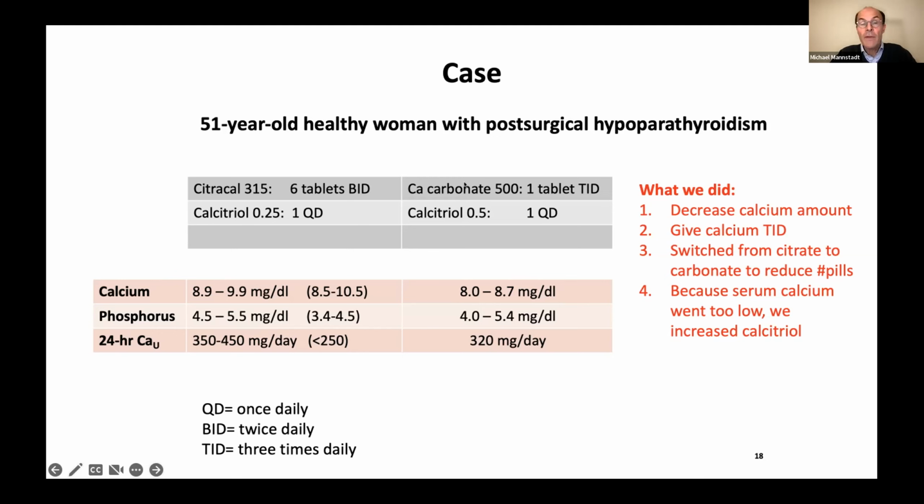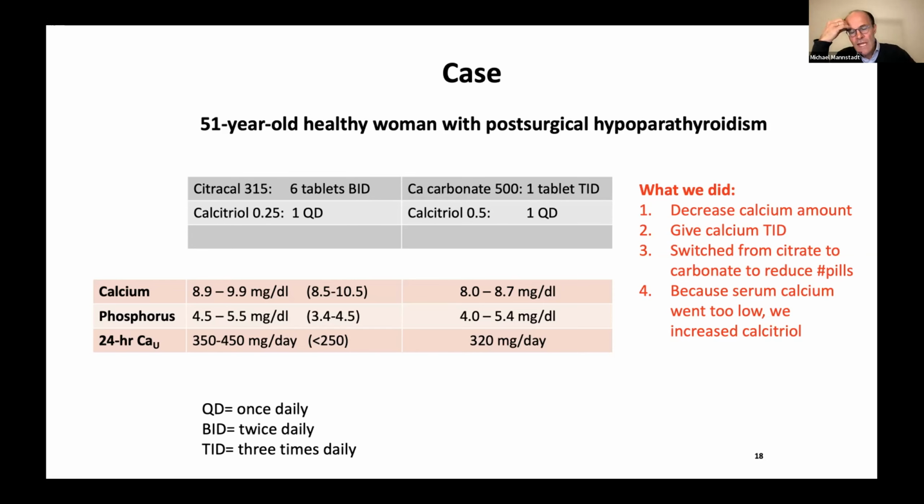We'll talk about this a little more, but calcium carbonate has a few advantages. First of all, I think for most tablets, it's a little cheaper. And then it comes with more calcium per pill or per salt quantity.